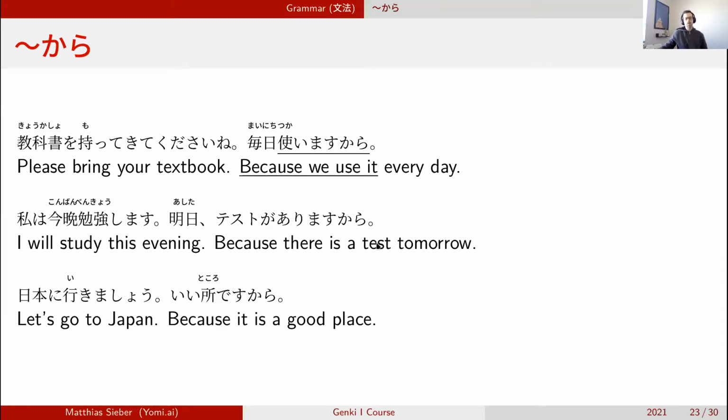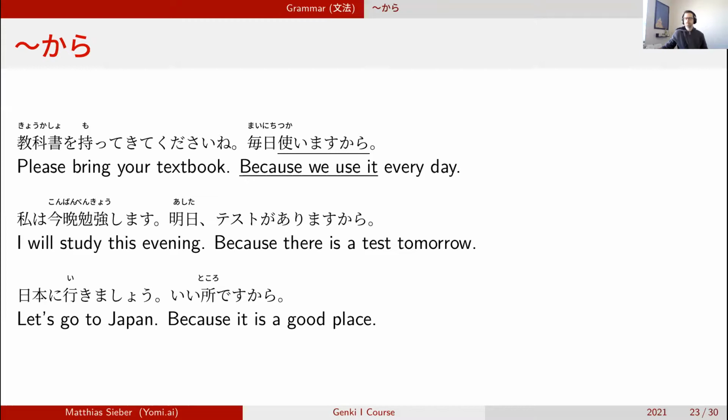So we can, of course, essentially have our sentence and then just attach kara at the end, right? This works with verbs in different forms, but then also for the copula. It is a good place, and then kara at the end, because it is a good place.